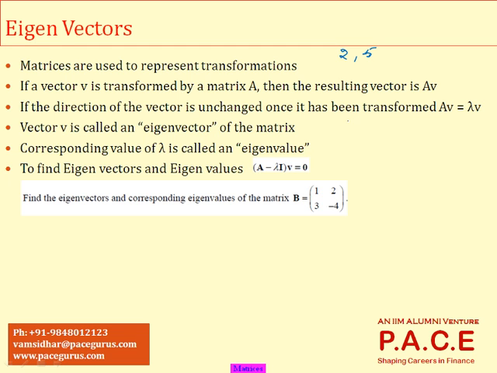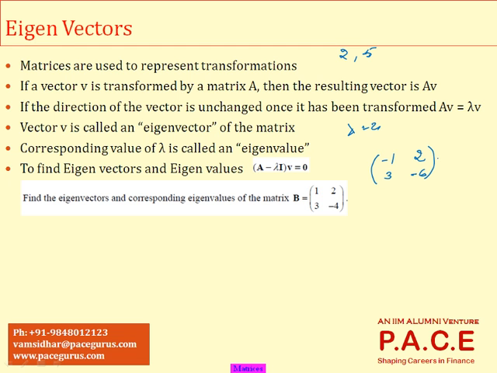If lambda equals 2, what is the matrix becoming? 1 minus lambda is minus 1, this is 2, this is 3, and minus 4 minus lambda is minus 4 minus 2, which is minus 6.